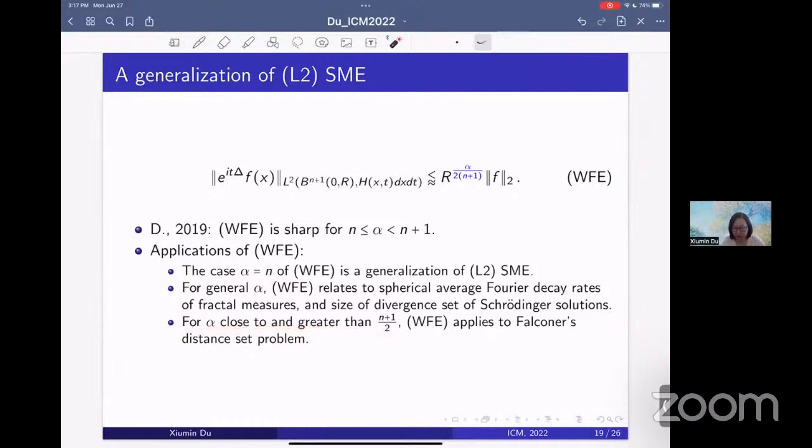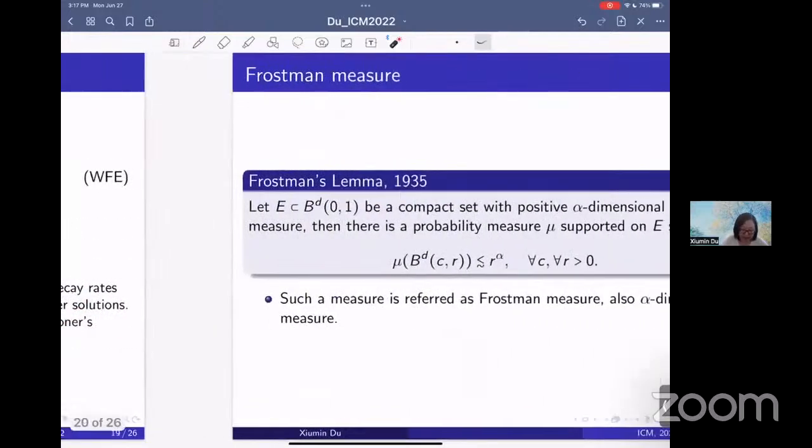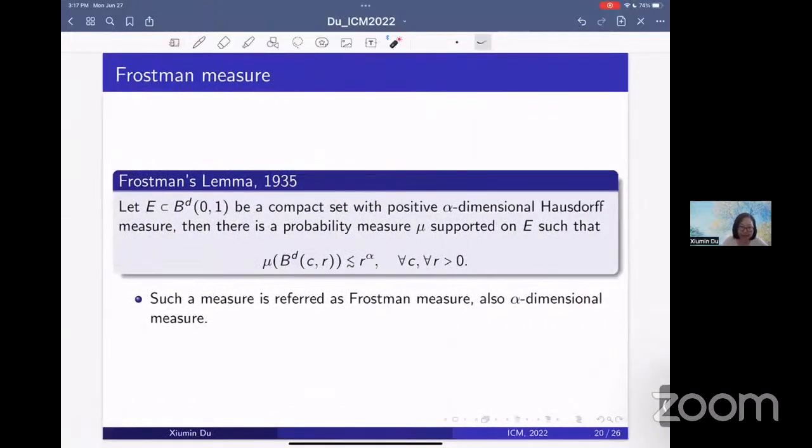Okay. To get some sense of why this weighted Fourier extension estimate has such applications, let's see a classic result by Frostman. He said that given a compact set in Euclidean space with positive alpha dimensional Hausdorff measure, there is a probability measure mu supported on it, such that the measure mu of any ball of radius r is bounded by r to the alpha.